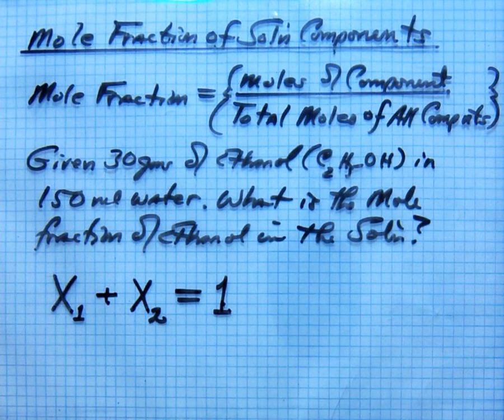The sum of all, it's like a percentage. If you figured the percentage, you would add them up and it'd be 100. Well, this one is not converted to percentage, but left in mole fraction, but fundamentally the sum of all the mole fractions will always give you a 1, like that.